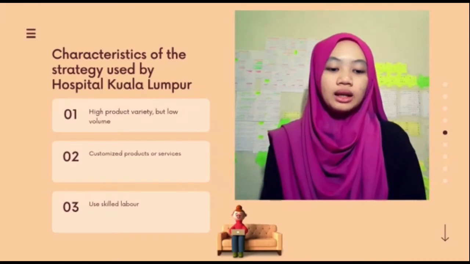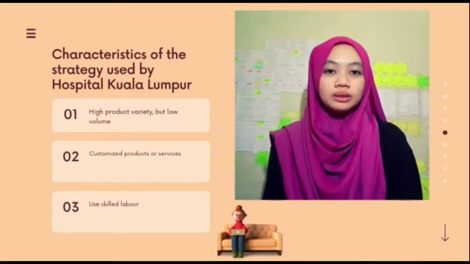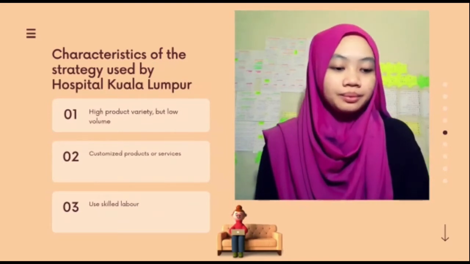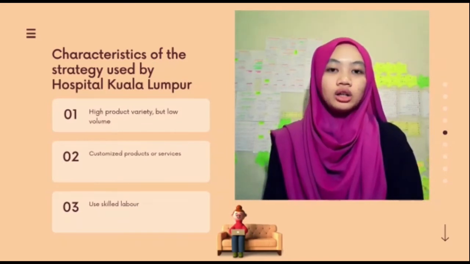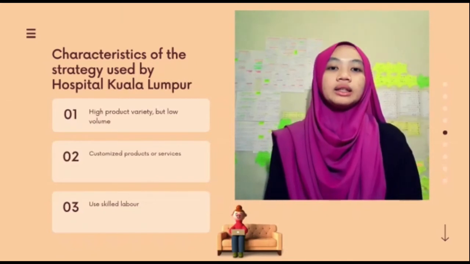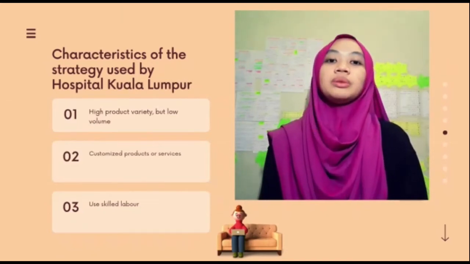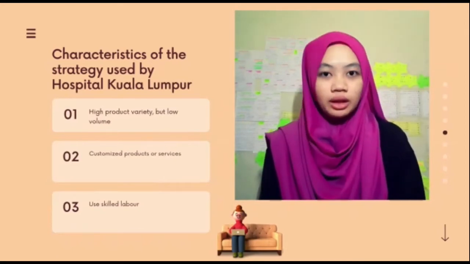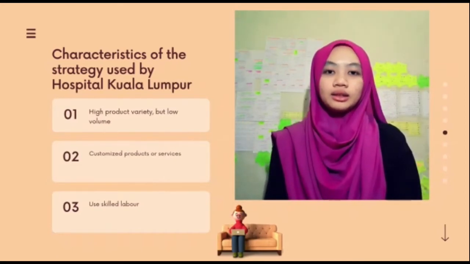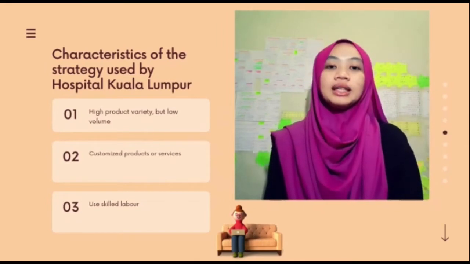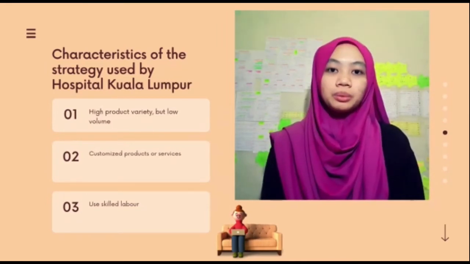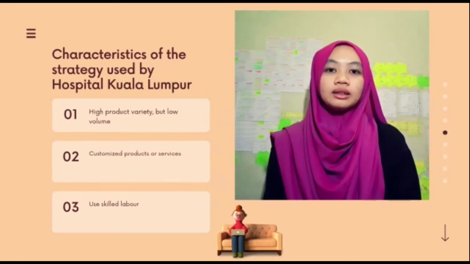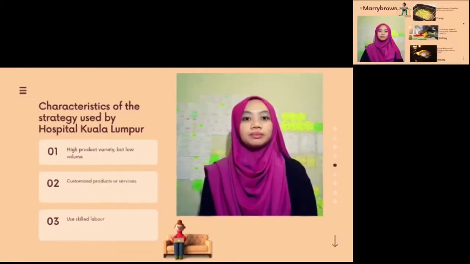The next one is customized product or service, because the process only happens when a patient goes into the department. If there is no patient, the process is not happening. The last characteristic is the use of skilled labor. The hospital procedure is fully handled by qualified doctors.